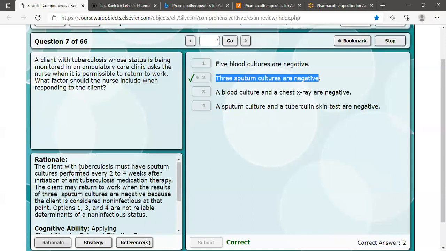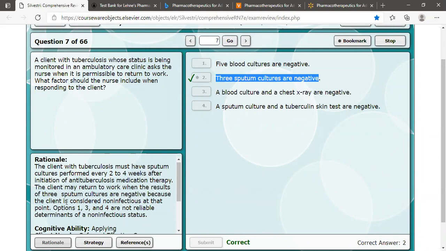So the client with tuberculosis must have sputum culture performed every 2 to 4 weeks after initiation of anti-tuberculosis medication therapy. The client may return to work when the results of this sputum culture are negative because the client is considered non-infectious at that point.